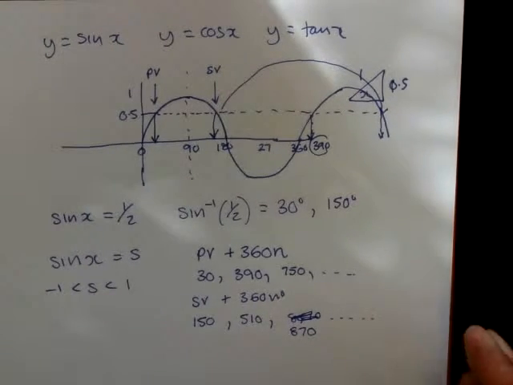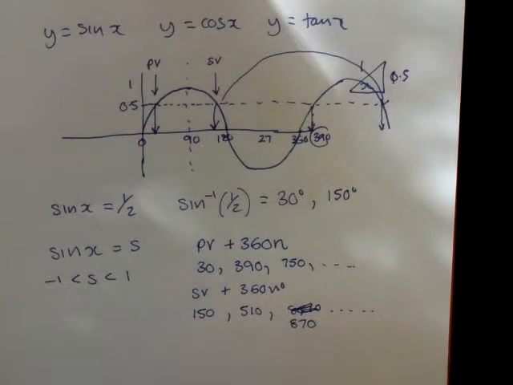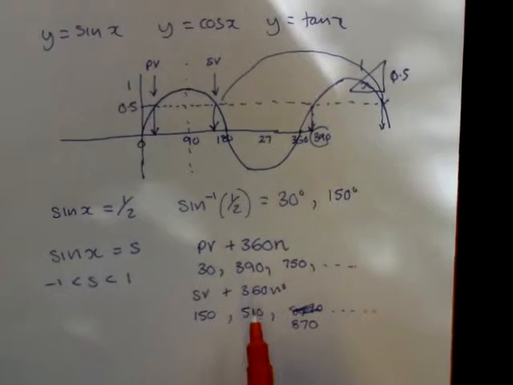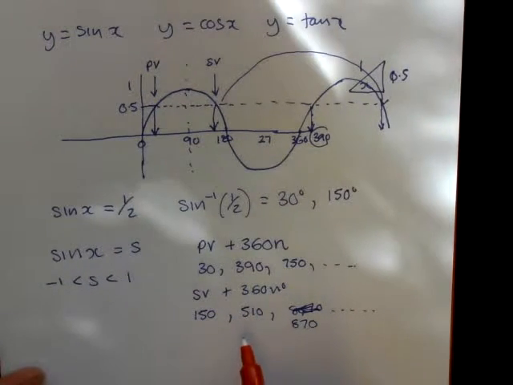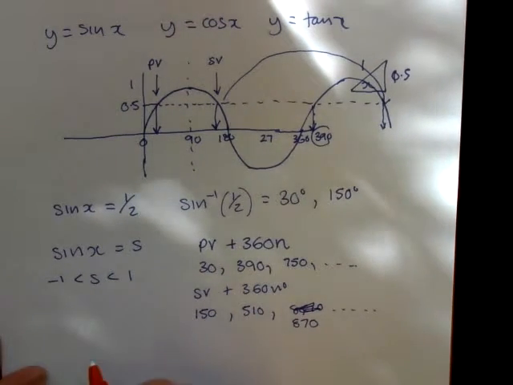So this isn't the way the textbook teaches the topic, but this will stand you in good stead for all the trigonometry that you do in C2, C3 and C4.